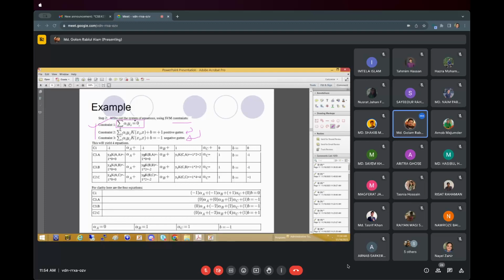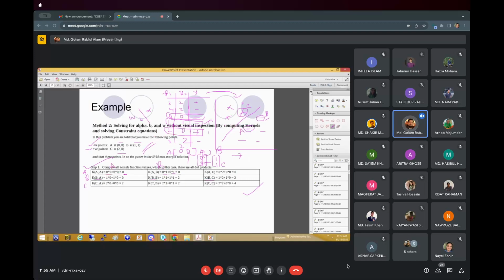So we have 3 support vectors. One is A, another one is B, another one is C. If we pass this equation using A, then we have the equation with A, B, and C. A is 0 0, B is 1 1, and C is 2 0.